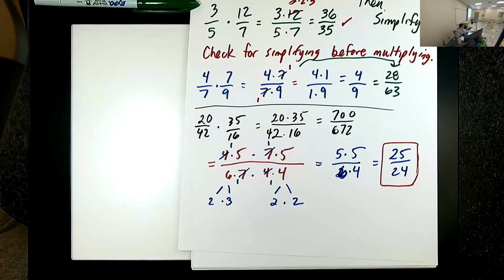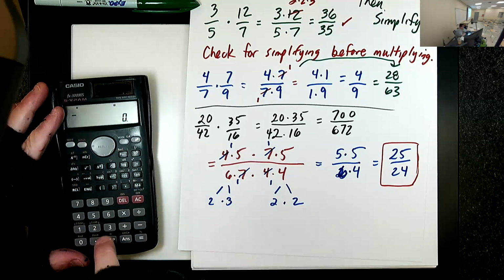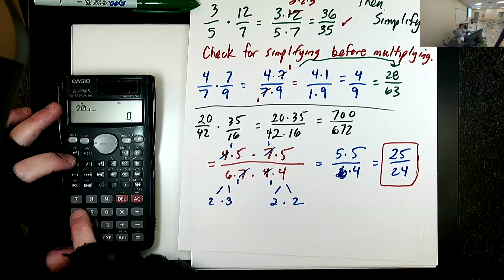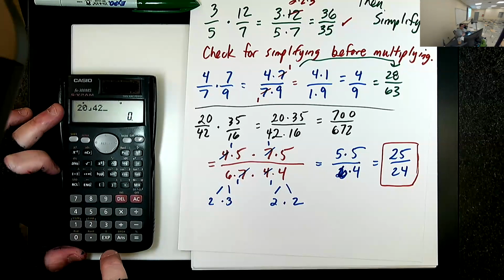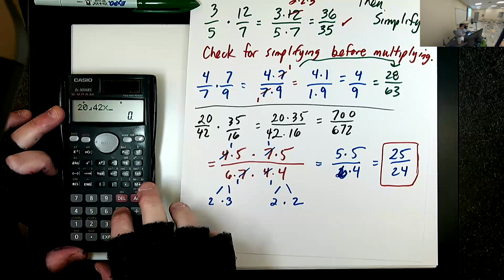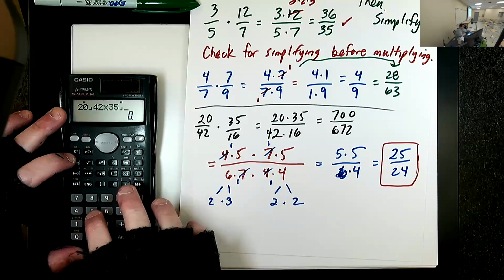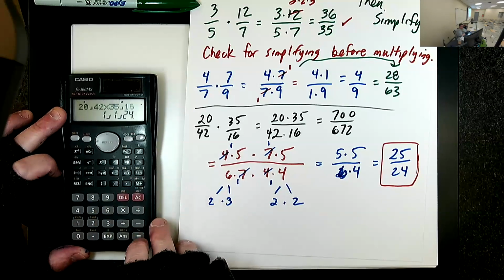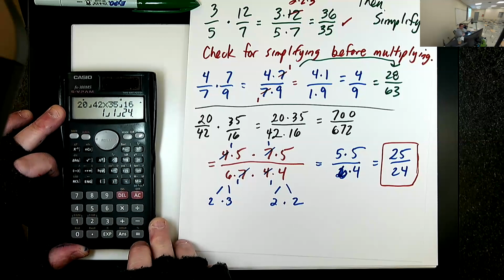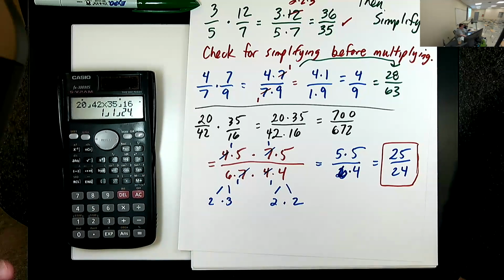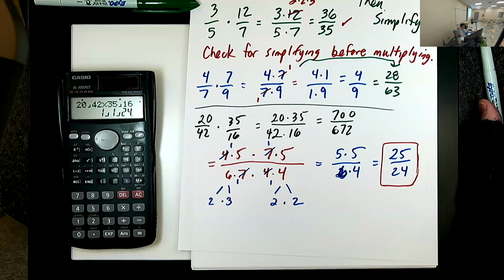That is what the calculator will give you if you do calculator fractions. If I do 20 fraction 42 multiplied by 35 fraction 16. What? Oh. Well, yeah.